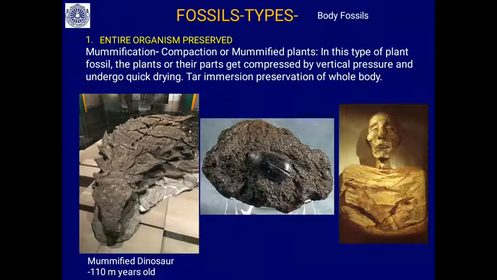That is making them remain as they are, exactly like the Egyptian mummies, about 6,000 year old bodies. It's called mummification, or else they may be immersed in tar and remain as they are. So this is a mummified dinosaur about 110 million years old. So this is how the entire organism is preserved or mummified.